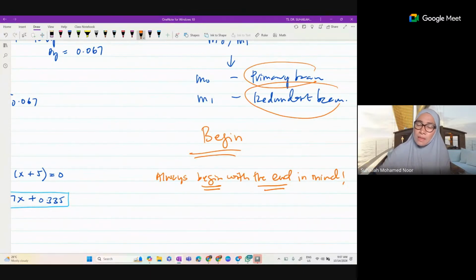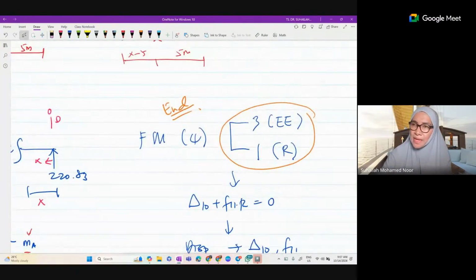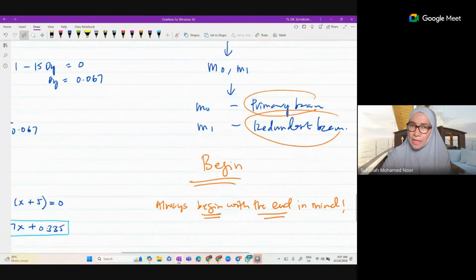Bila kita mula buat analisis tu, kita mula daripada bawah, tapi kita dah nampak dah apa yang kita nak cari at the end of analysis. Jangan kita start daripada bawah, kita remembering one by one step. Cannot. Engineer tak boleh semua benda nak remember. There's so many things to remember. Always begin with the end in mind.